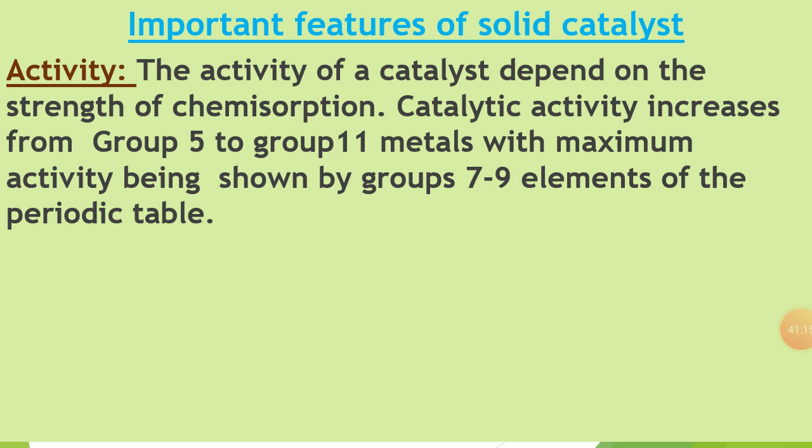These indicate the f block elements, basically lanthanoids and actinoids. Here we are talking about the d block elements from group 3 to group 12. In that, group 5 to group 11 show activity, and out of them the maximum activity is shown by group 7 to group 9 elements.